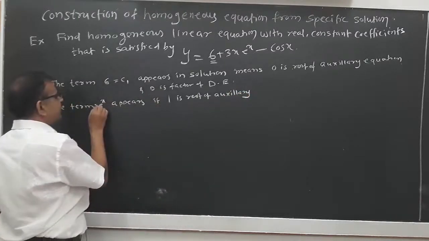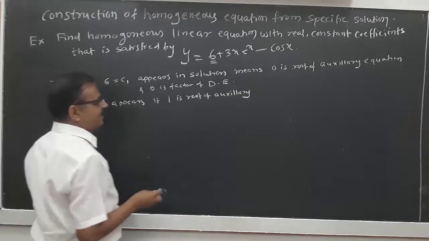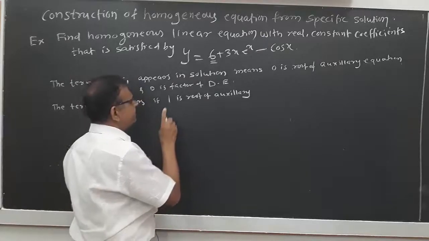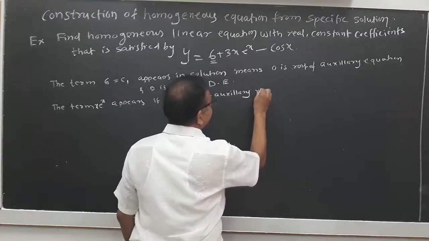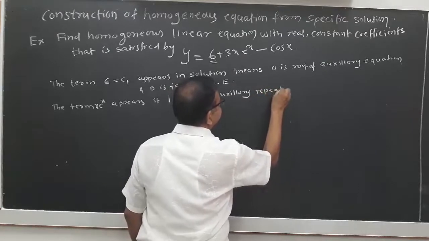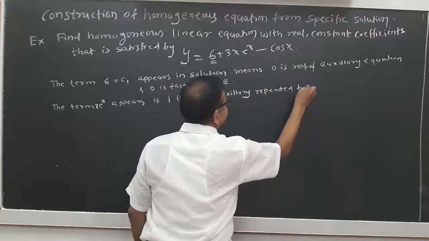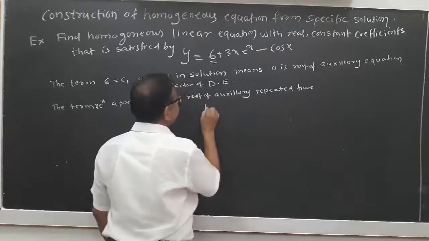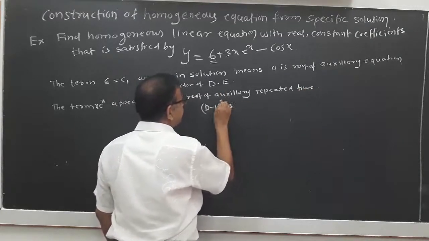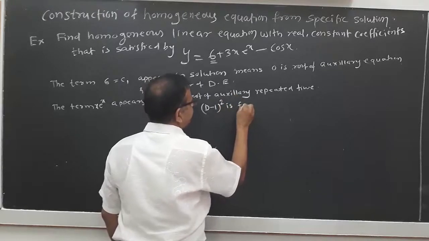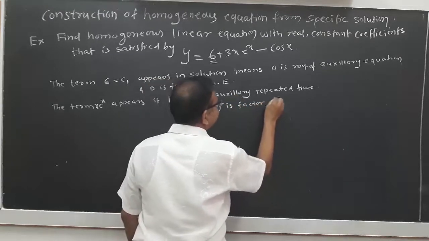The term x e raised to x appears if 1 is a root of the auxiliary equation repeated twice, and hence (D minus 1) squared is a factor of the differential equation.